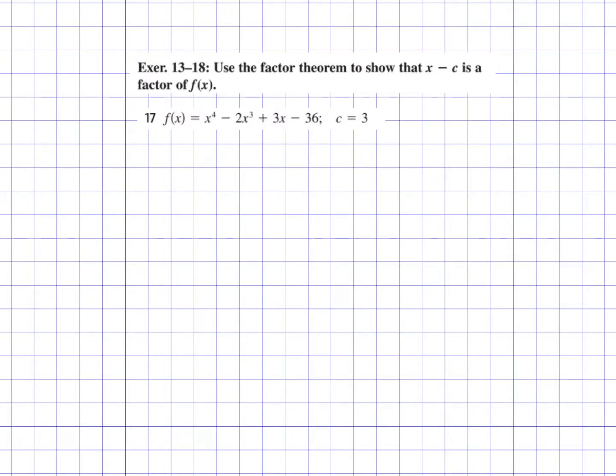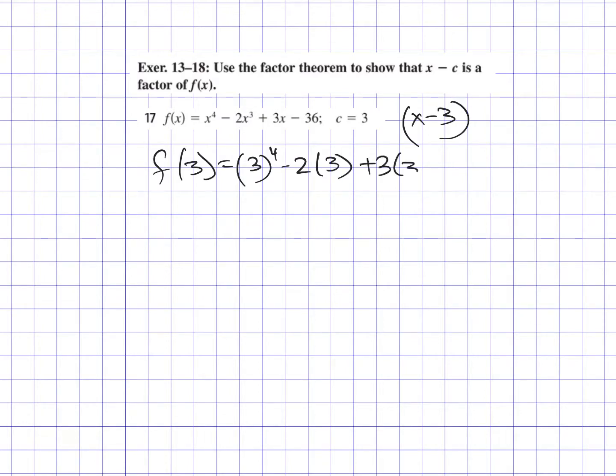All right. Now, is 3 a factor? Meaning, is x minus 3 a factor? So we plug 3 in. And again, you could do synthetic division if you wanted to. Eventually, you're going to have to.